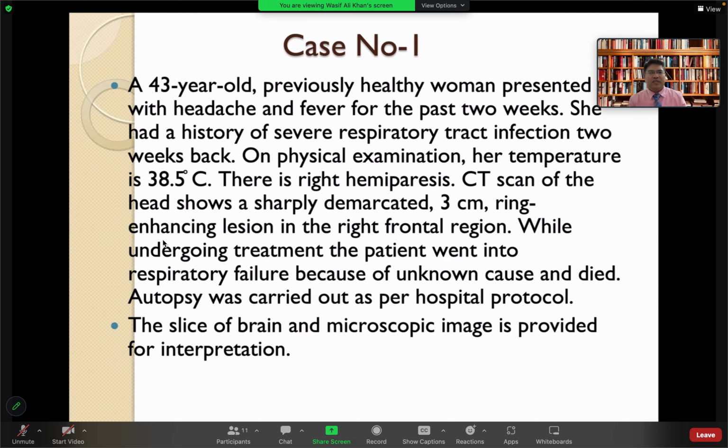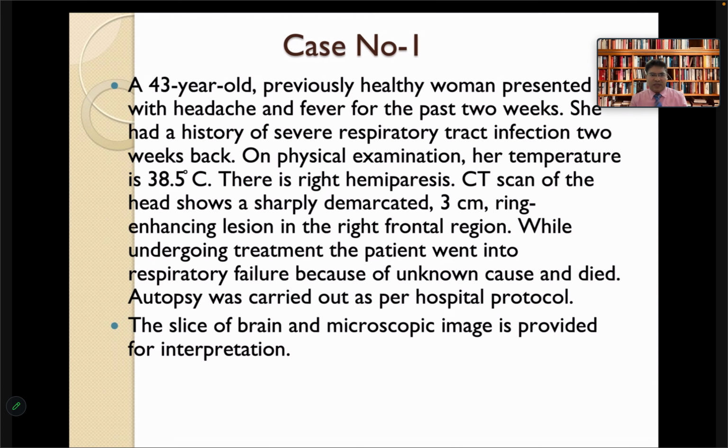Right. Now, if you look at the history, you will find that a middle-aged female patient presented with fever, headache, and neurological deficit in the form of right hemiparesis. And a very important history was elicited that this patient had a past severe respiratory tract infection, right?